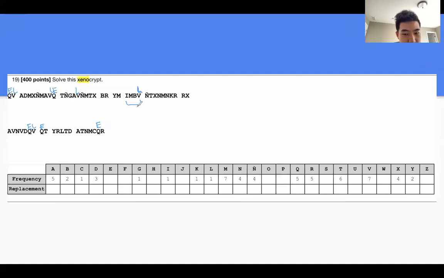Four-letter word ending in L. Three L's in the first word of the second row. Oh yeah, that's my bad. Thanks for telling me that. That looks extremely weird. I'm pretty sure it's not L then. So what that tells us is that V is probably a vowel, and it's probably A, E, or O. Here, I'll erase. Yeah, that was a good thing to point out.